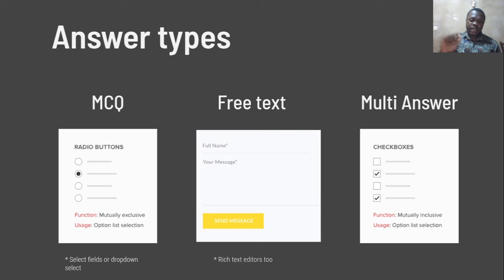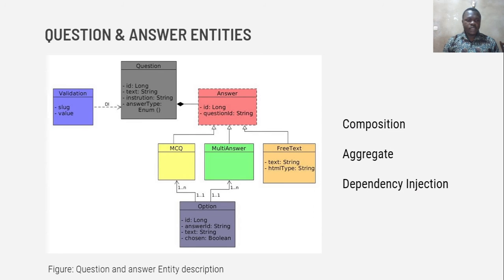As a small modification, we could also have the URI or the URL, depending on the case, of stored data images as free text. And you could also have multiple answers, which is a variation of the MCQ, where we could have several options being selected as answers.